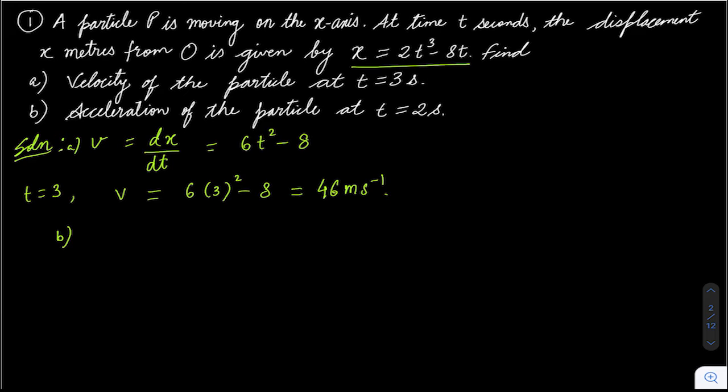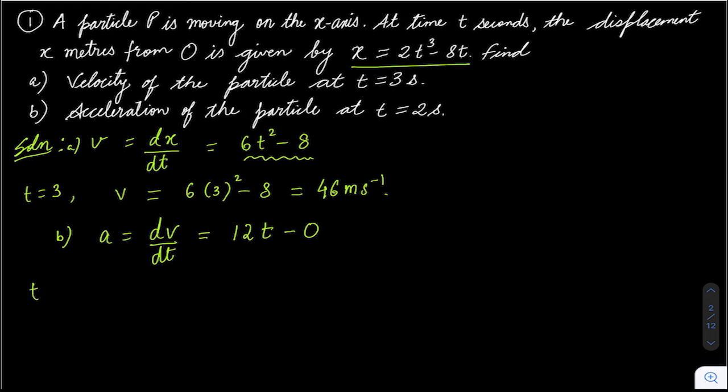Find the acceleration of the particle at time equal to 2 seconds. We know acceleration is the gradient of the velocity-time graph, that is dv over dt. So let's first differentiate velocity. This is my velocity, 6t squared minus 8. If you differentiate this, you get 12t, and differentiation of 8, which is a constant, is 0.